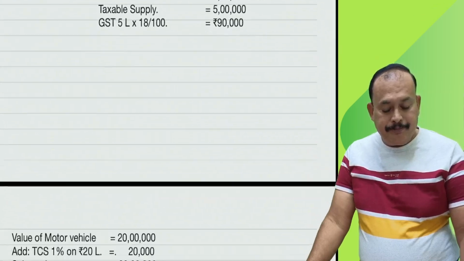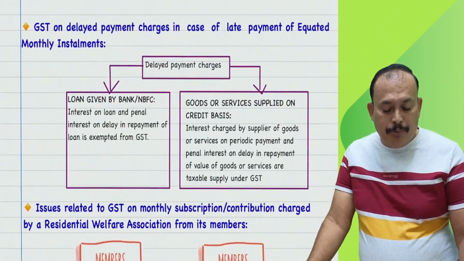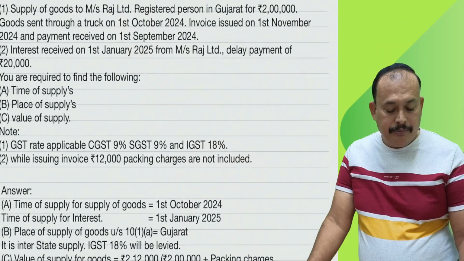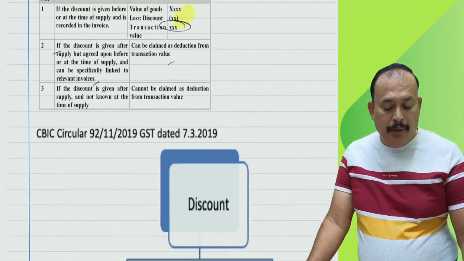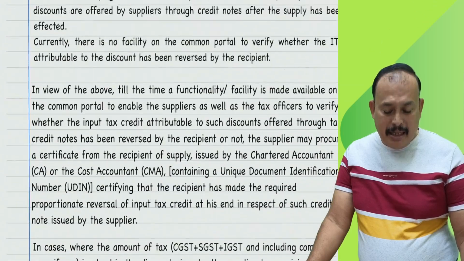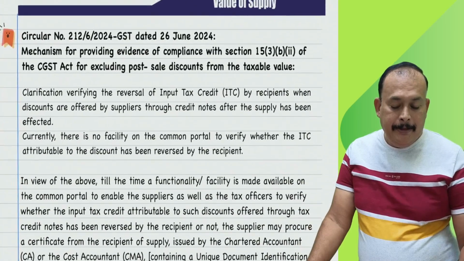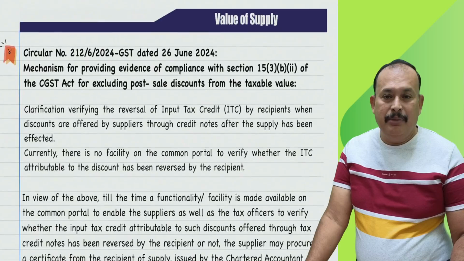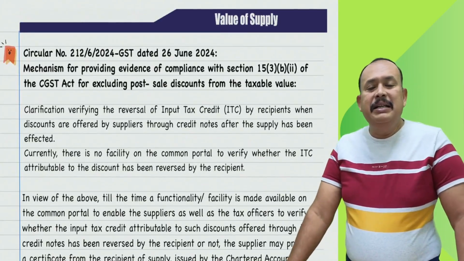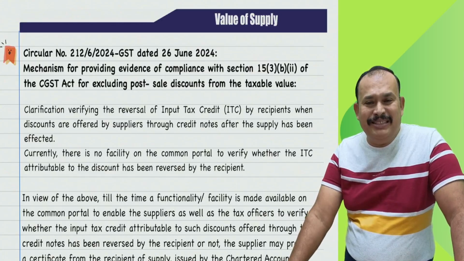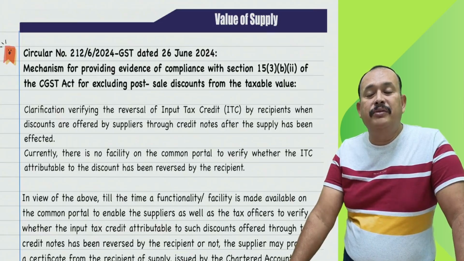Further, some more points are valid to be considered. Some important changes, that is amendments, need to be understood. A very good point to understand here, my dear. The mechanism for providing evidence of compliance with section 15 subsection 3 clause B subclause 2 of the CGST Act. What is it?